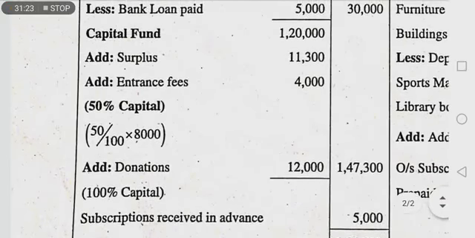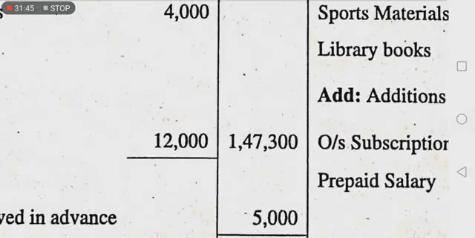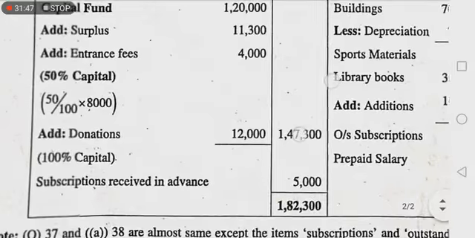So after adding all these amounts, opening balance 1,20,000 plus surplus 13,300 and 50% of entrance fees, that is 4,000, and 100% of donation, that is 12,000, the total capital fund will be 1,47,300. It should be recorded under the main amount column.